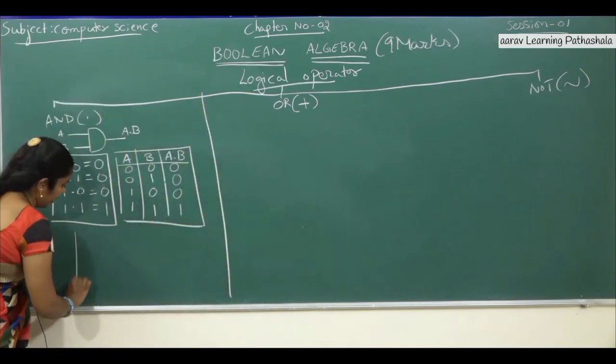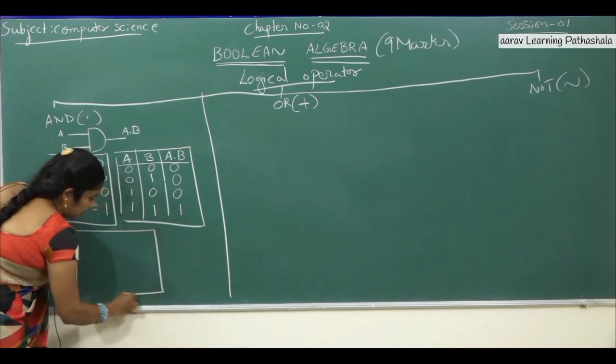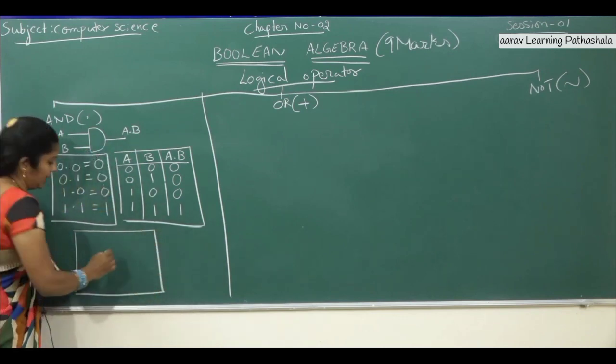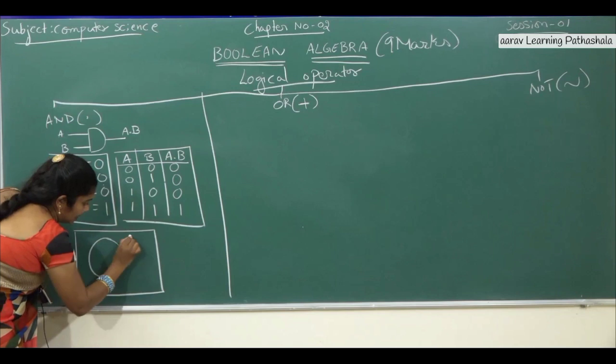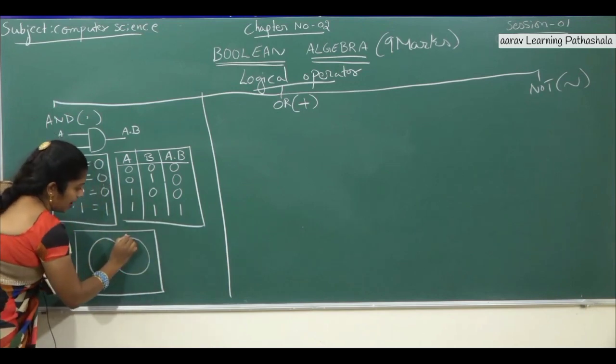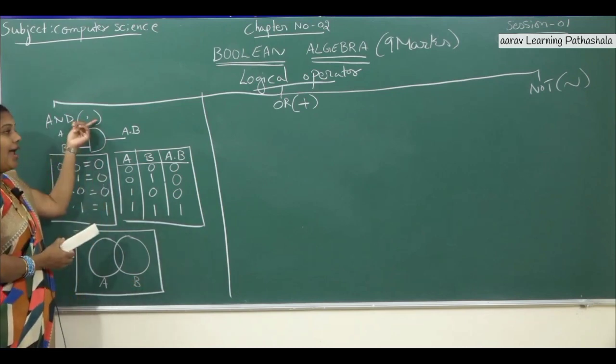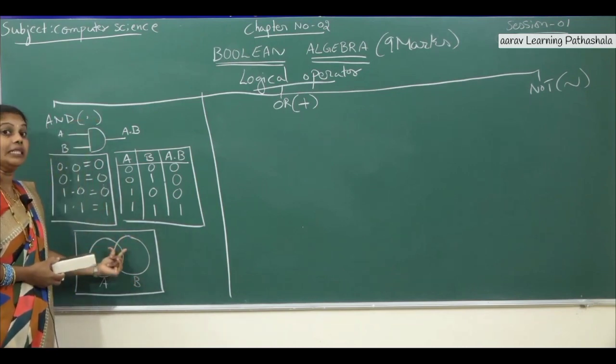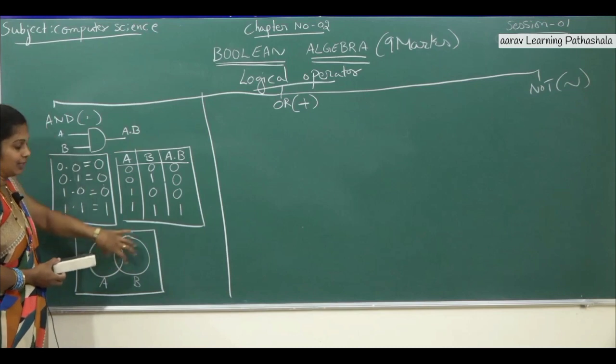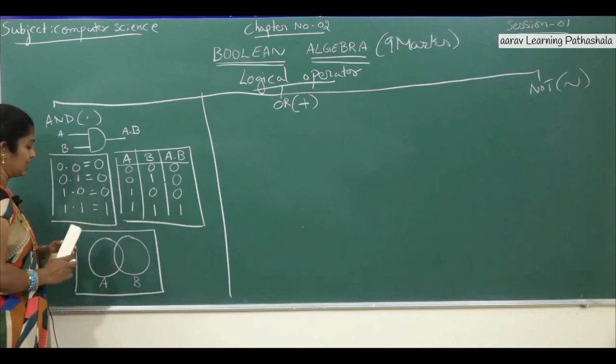Now, how to write the Venn diagram? Consider minimum 2 inputs. Consider this circle as A and this second circle represents B. AND means this and this, so part A as well as part B both have to be satisfied.